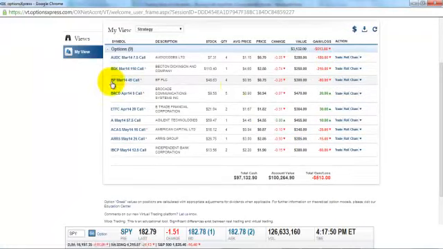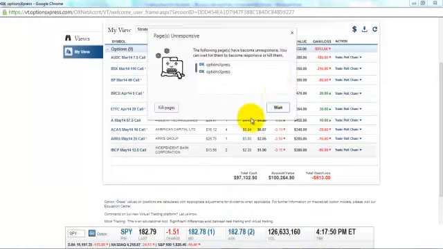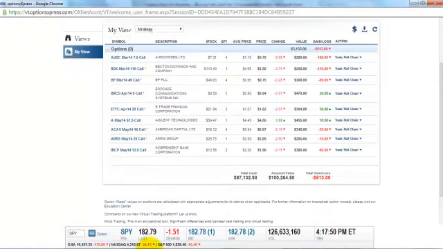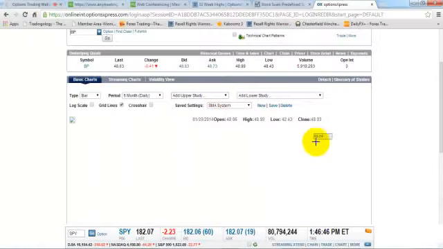Okay, so BP at the moment is down only $80. So I haven't hit my 50% stop loss, so I'll still leave it until I get a good cross from BP, from the SMA system.